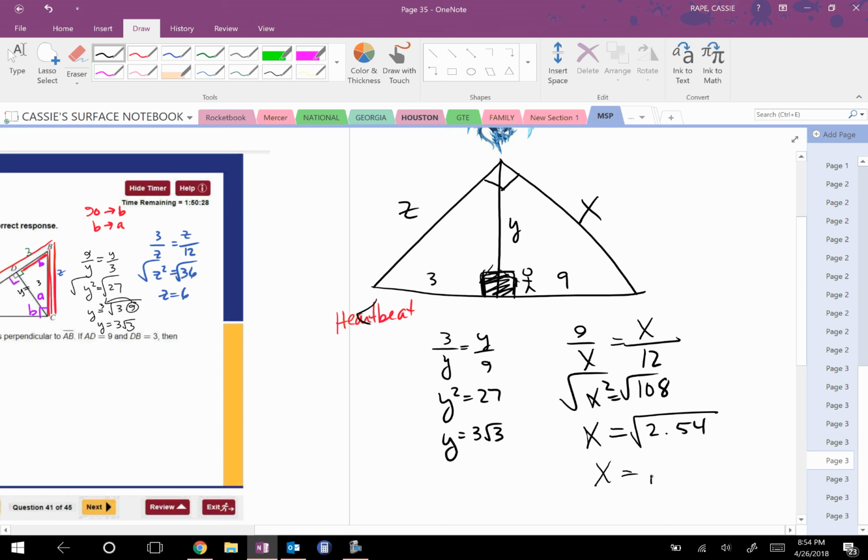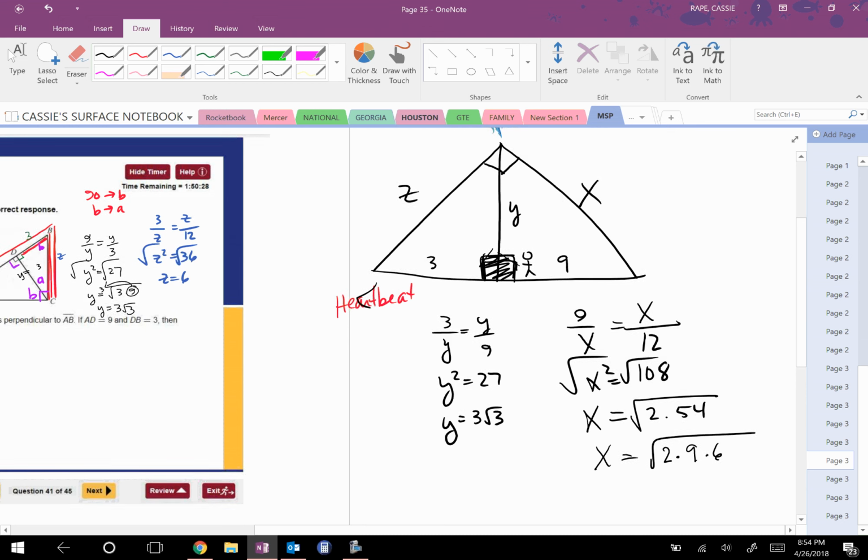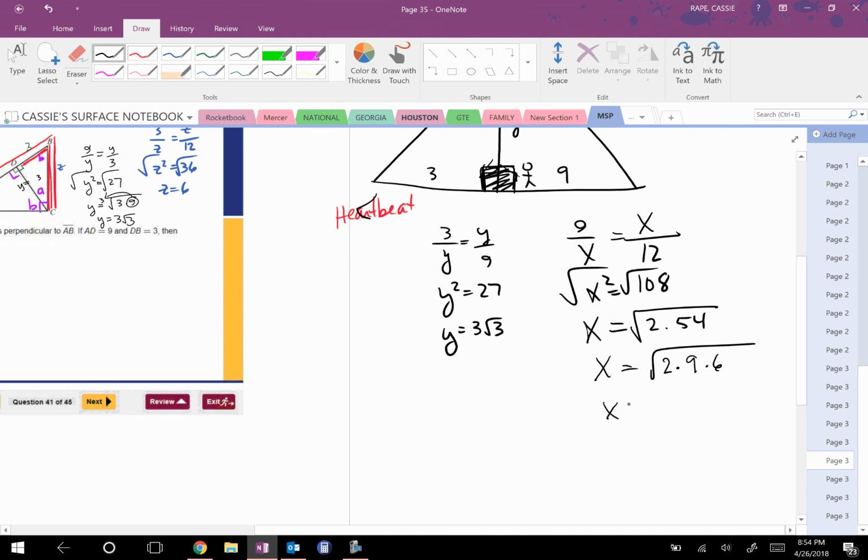And I know that X is equal to 2 times 3 times 3 times 3 times 2. Remember that once you've got it down to its prime factorization, any two of them, 3 times 3 is 9, so the square root is 3, and 2 times 2 is 4, square root of 4 is 2. So X is equal to 3 times 2 is 6, square root of, the only thing left is that 3 right there. So I've got X is 6 square root of 3, Y is 3 square root of 3.